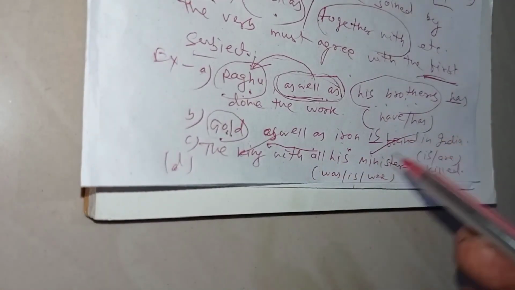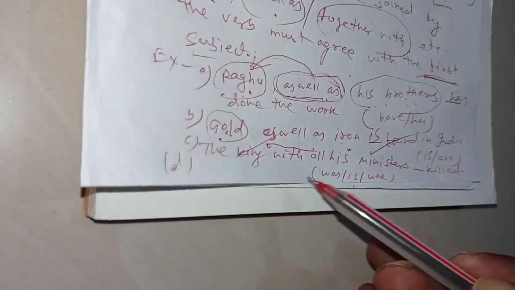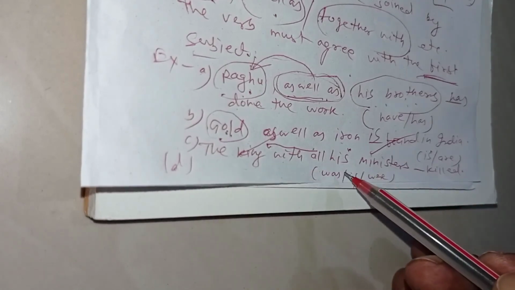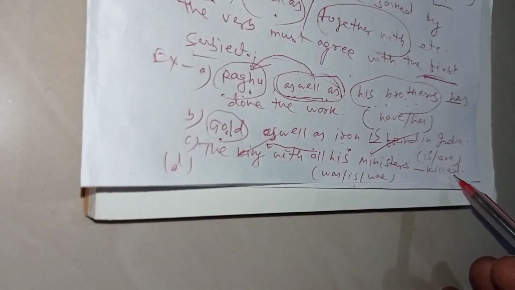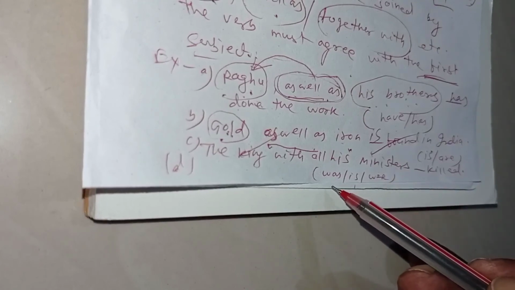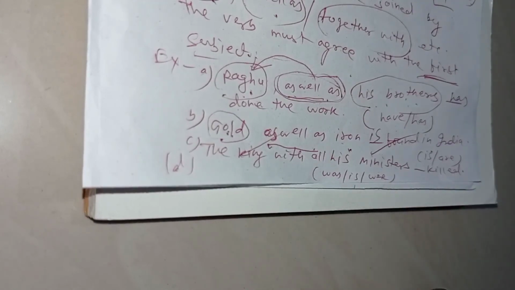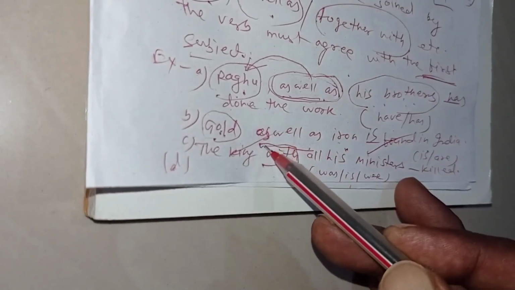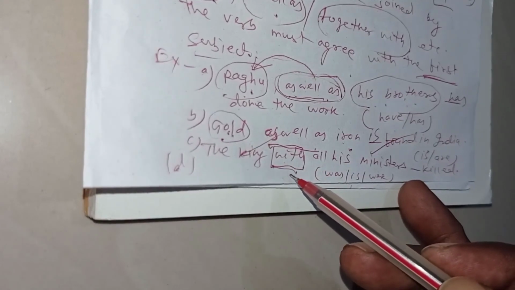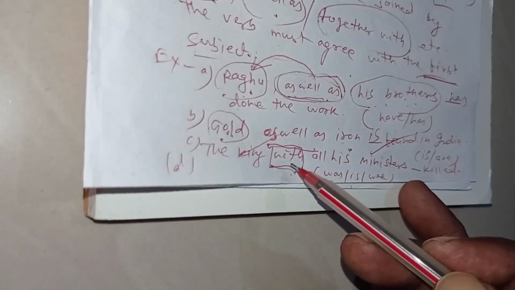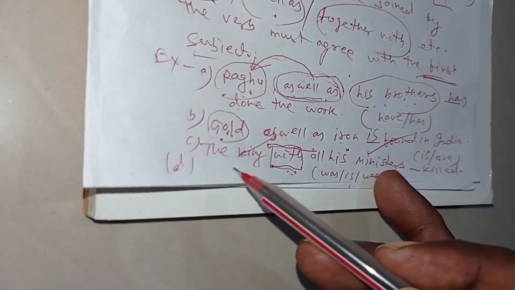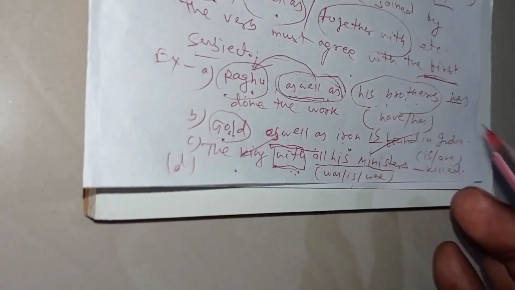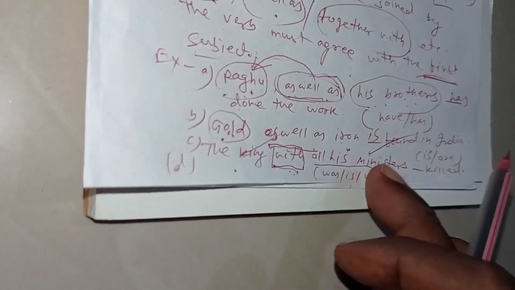Okay. Similarly, the king with all his ministers dash killed. In brackets we have three verbs: was, is, were. You see, with is the conjunction or linking word. With this word with, there are two nouns, the king and all his ministers. The second noun is plural, but the first noun, the king, is singular.